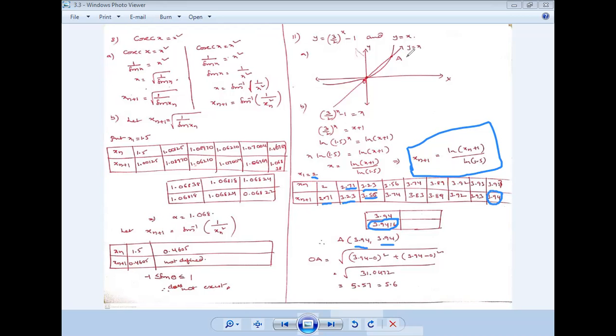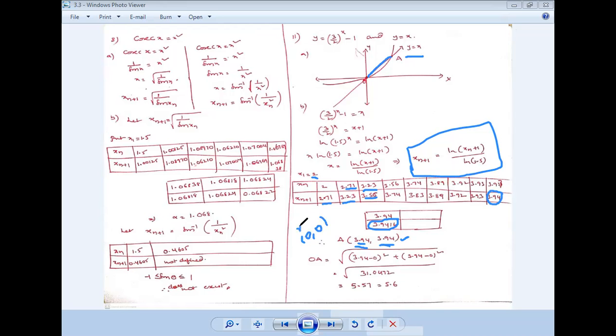Okay, now y is equal to x only. Y is equal to x means if x is equal to 3.94, obviously y is also 3.94 only. So point A we got. And they're also asking us to find the distance from the origin to the point where it intersects the curve. So what is the distance between 2 points? Root of (x2 minus x1) whole square plus (y2 minus y1) whole square.